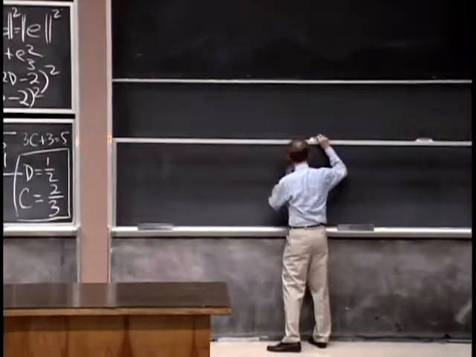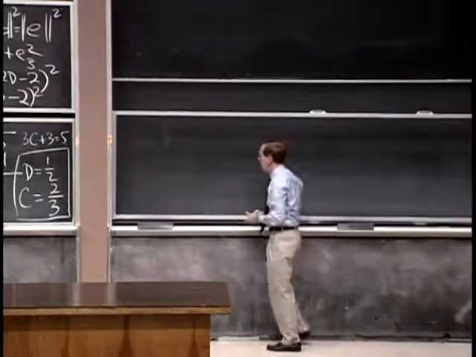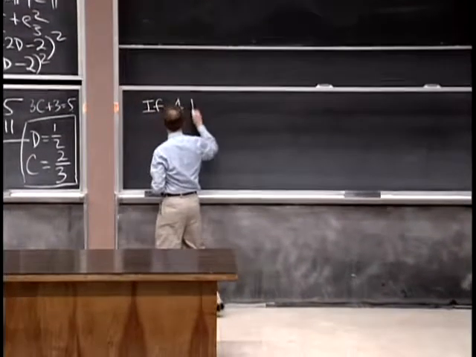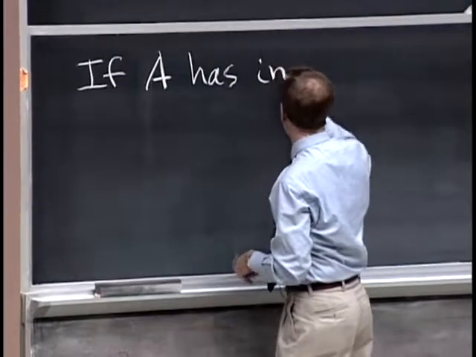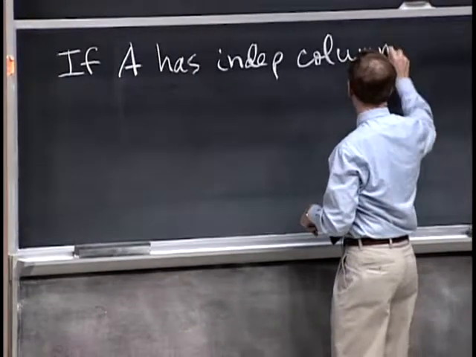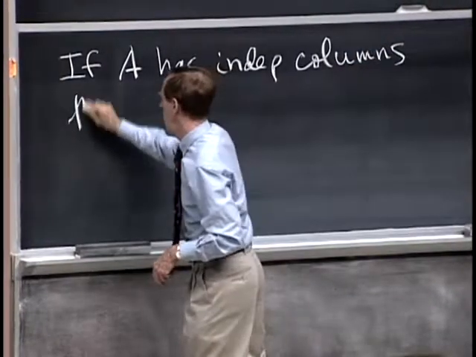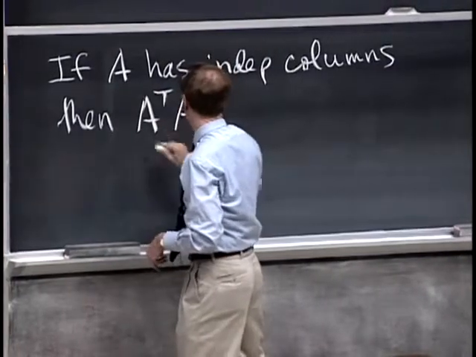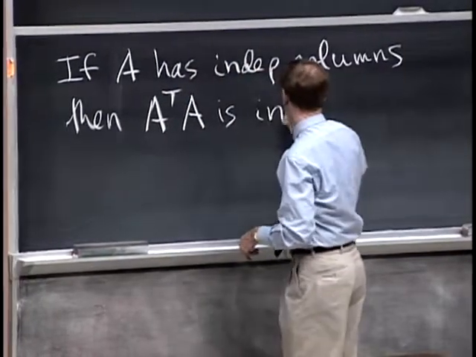So what I said was that if A has independent columns, then A transpose A is invertible.